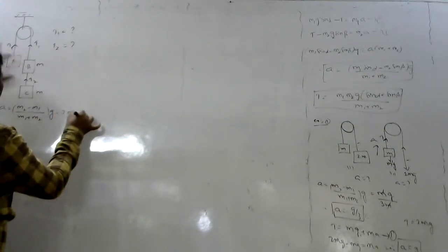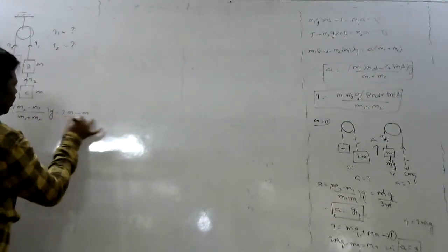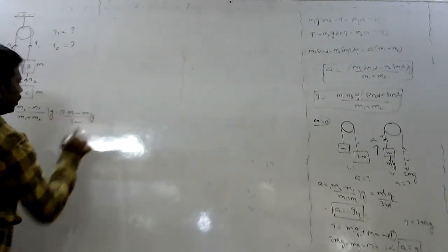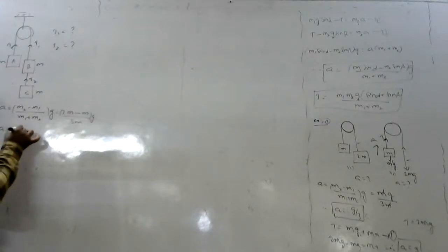Here m2 means 2m, minus m1 means m, by m1 plus m2 means 3m, into g. 2m minus m means m, which will be cancelled. So acceleration a is equal to g by 3.